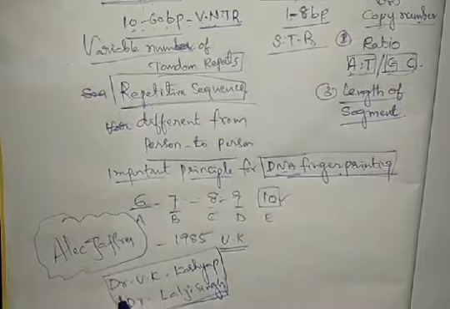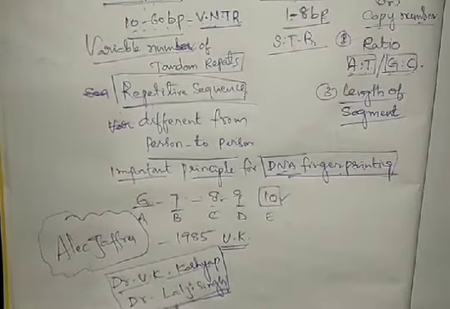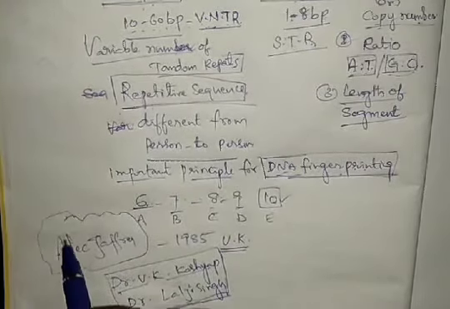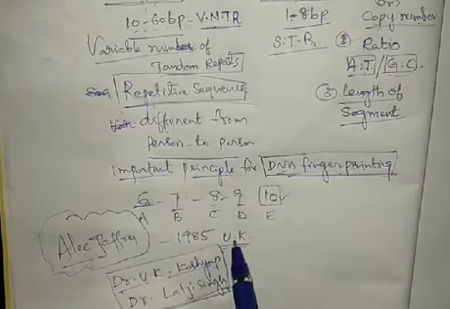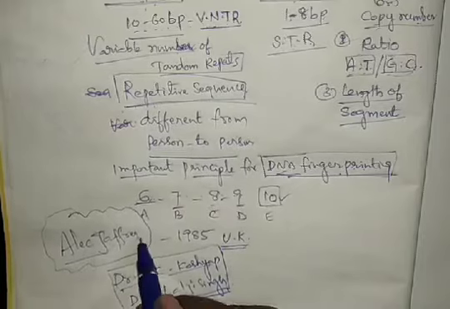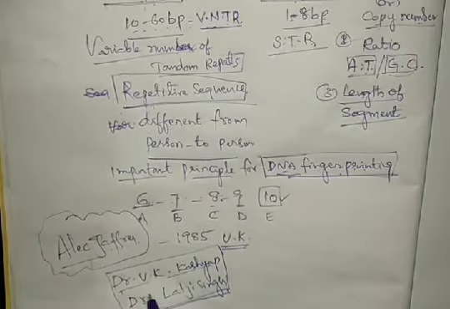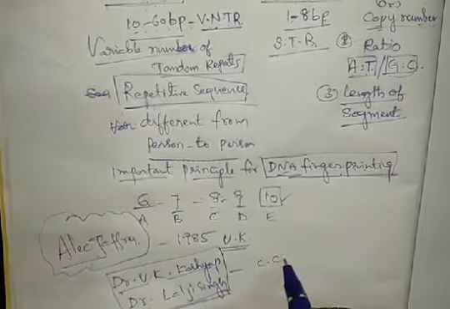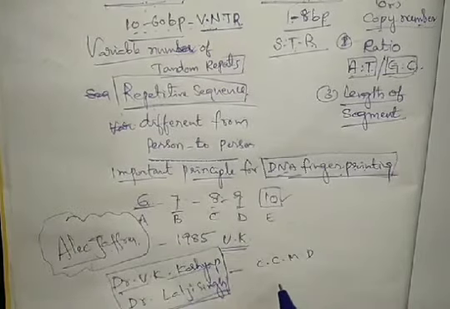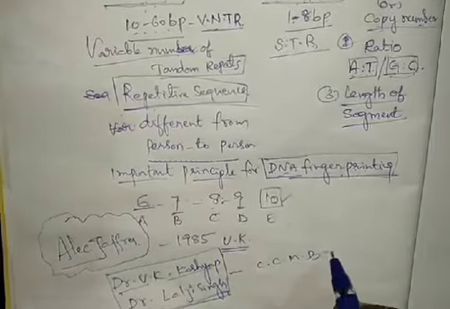Alec Jeffreys developed it in 1985 in the UK, and it is used by Indian scientists Dr. V.K. Kashyap and Dr. Lalji Singh at CCMB, the Center for Cellular and Molecular Biology in Hyderabad.